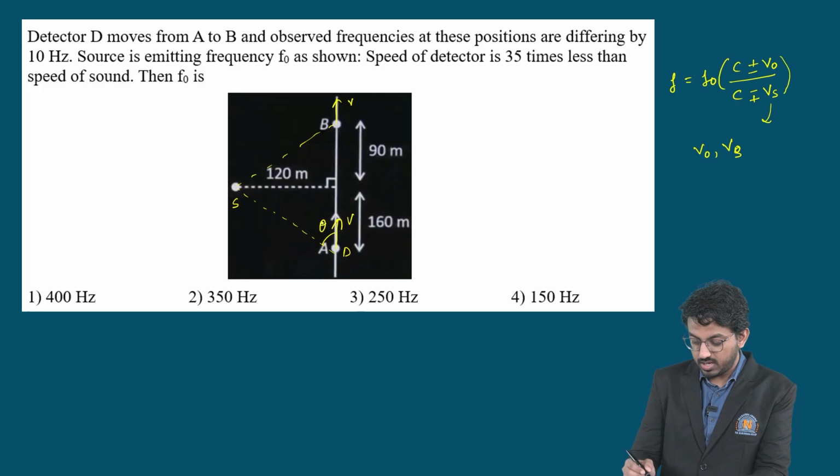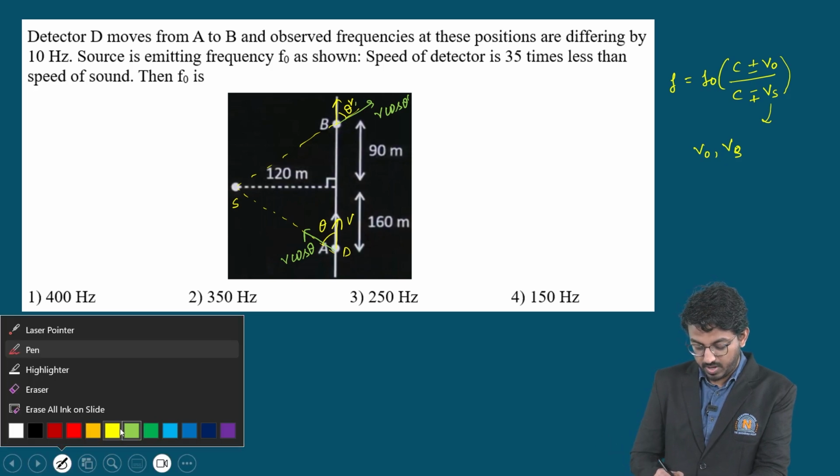So this is angle theta here. This is angle theta prime here. So we can see that the velocity of the observer, in this case the detector, is V cosine theta along the line joining, and here it is V cosine theta prime along the line joining.